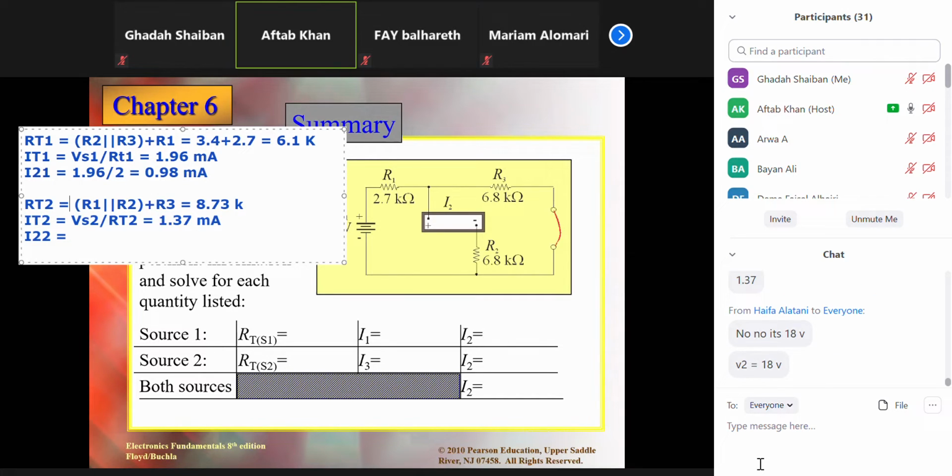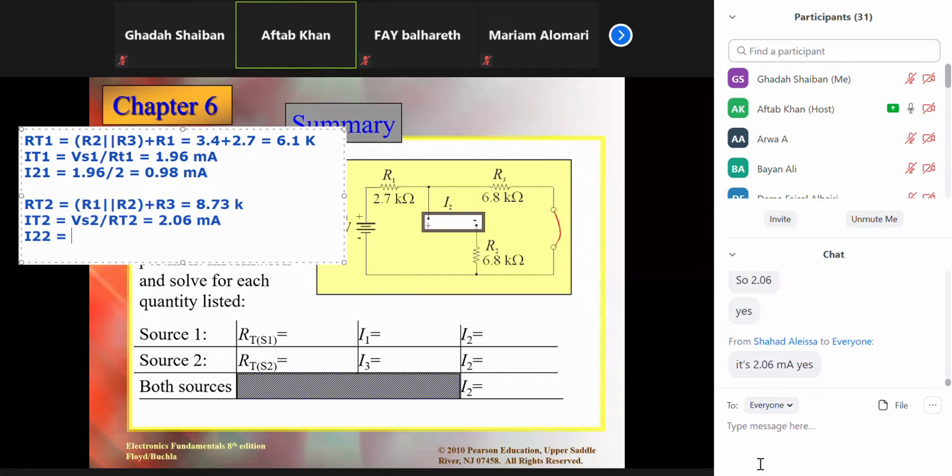This should be 18 volt. Yes. Okay, some changes there. So if 18, just calculate accordingly. Okay. Guys, so V2 is 18. Okay, check this one. 2.06.